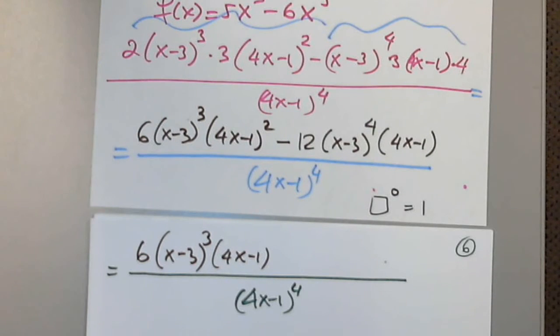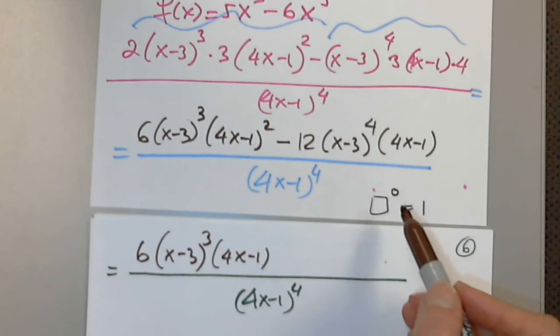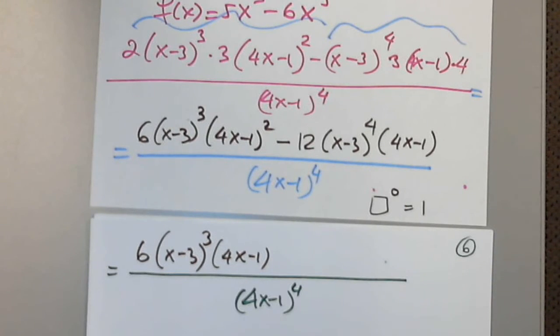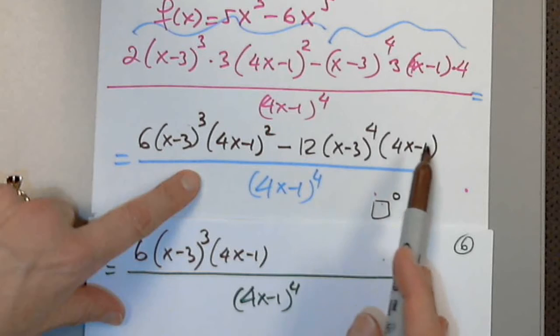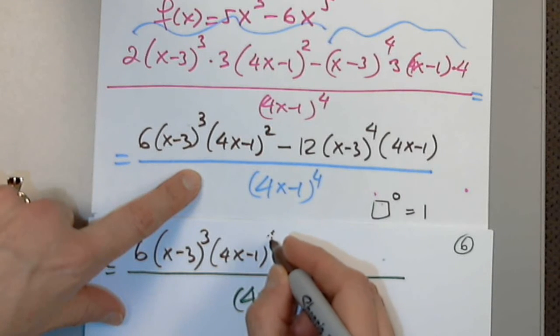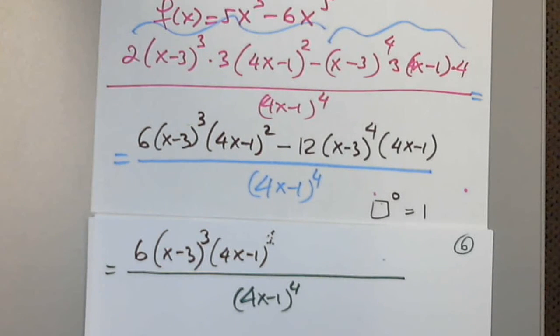So the smallest power for something to exist is 1. If the power does not exist or is 0, then the answer is 1, assuming that this quantity is not 0. Okay, so between power 2 and power 1, you don't have to write it, but let's write it just to make sure that it's clear. It must be power 1.